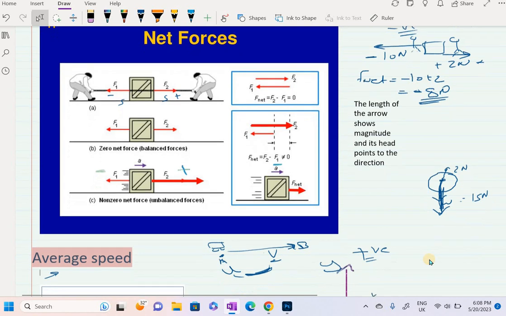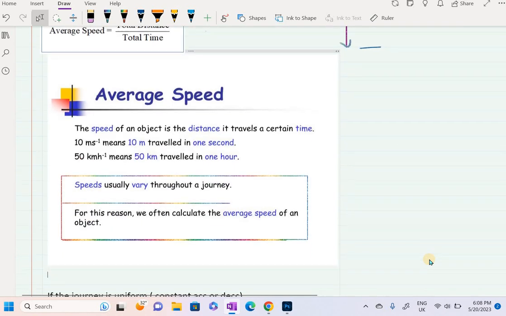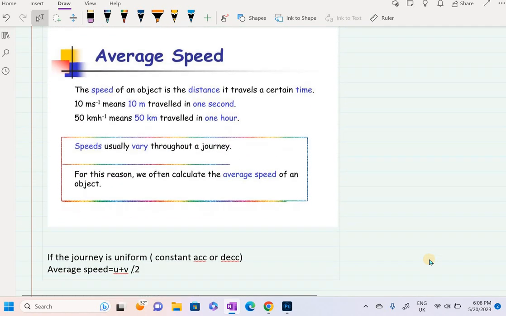Okay, there is a special case of the average speed, which is if the journey is uniform, that means it has a constant acceleration or deceleration. I can calculate the average speed by using this formula, which is the initial speed plus the final speed over 2.